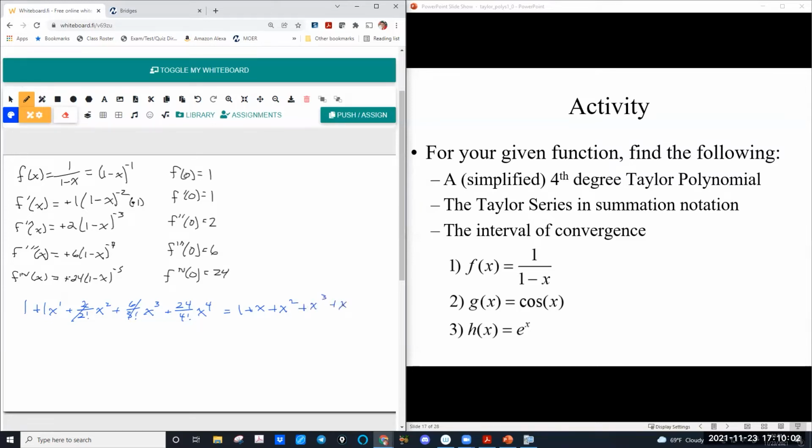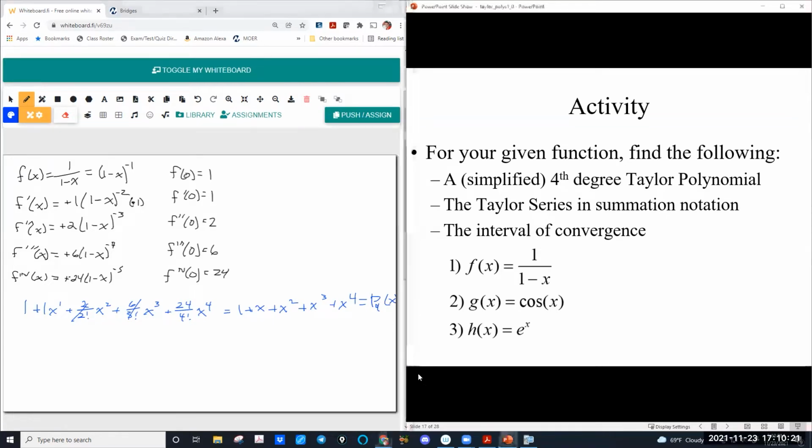And we see this pattern emerge really quickly. All right, so this is the 4th degree Taylor polynomial. And if we want to give that a name, p sub 4 of x. That's our 4th degree Taylor polynomial for the given function centered about 0.